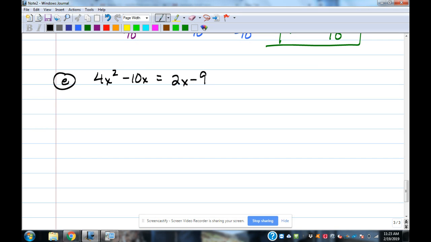What do we do first? Get it equal to 0. So whatever order you want to go from there, I'm going to move the 2x and the 9. And there's my 0. And I have 4x squared minus 12x plus 9.